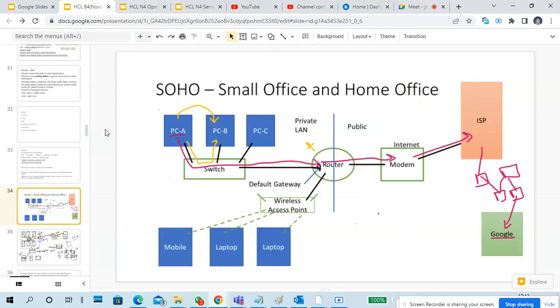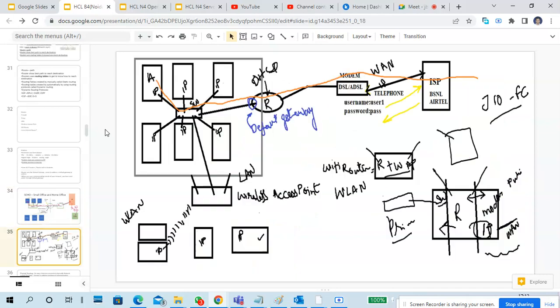You combine your modem, router, and wireless access point, then that is your home Wi-Fi router. The combination of wireless access point, router function, and modem function in a single device is our home router device, home router, home modem like that.